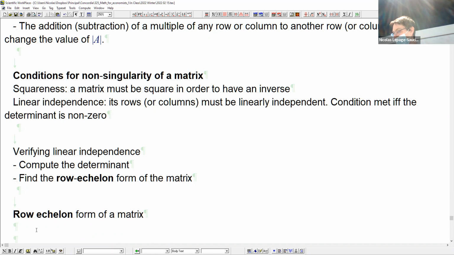Let's say what it is to be in row echelon form: each row i has at least i minus 1 leading zeros.